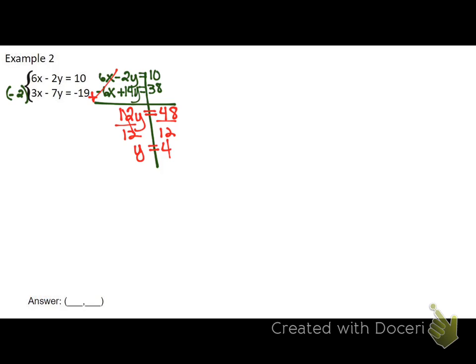And now we solve for x. Which equation do you want to use? Top. So what do I substitute for? Y. There we go. So 6x minus 2, there's my y. What do I put in there? 4. Equals 10. Okay? And now I just solve for x.